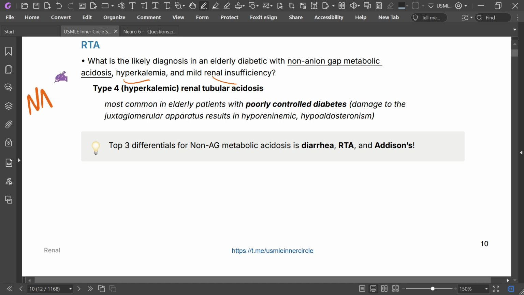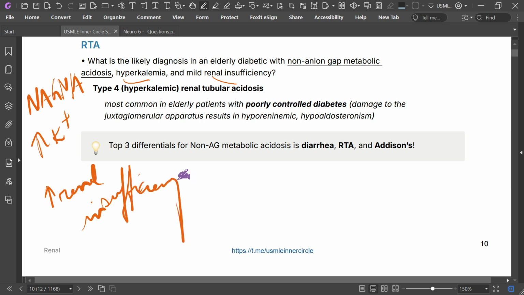NAGMA, increased potassium, and renal insufficiency looks like type 4 renal tubular acidosis, most common in elderly patients with poorly controlled diabetes, with damage to the juxtaglomerular apparatus, in hyporeninemic hypoaldosteronism.